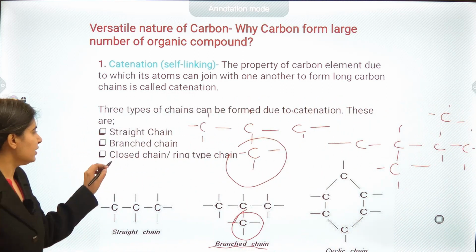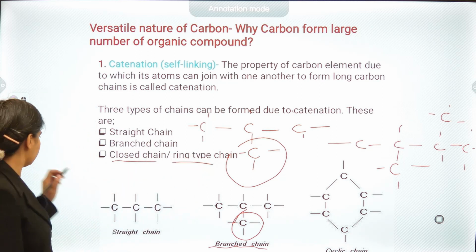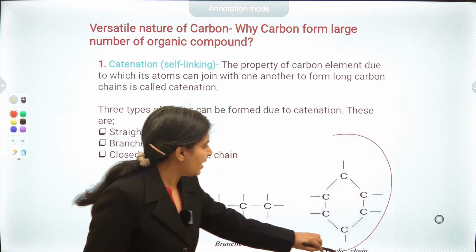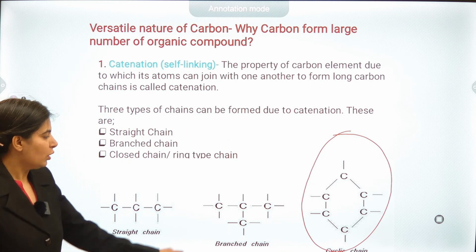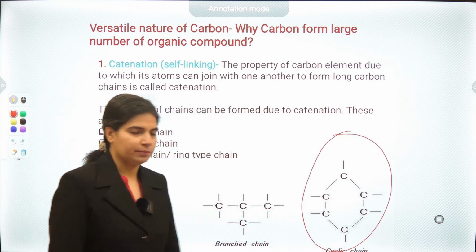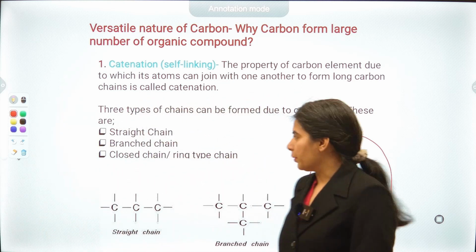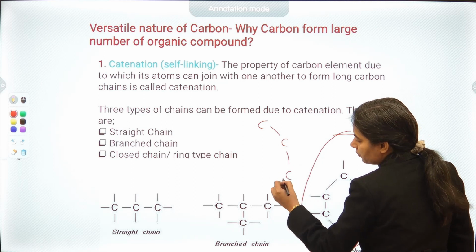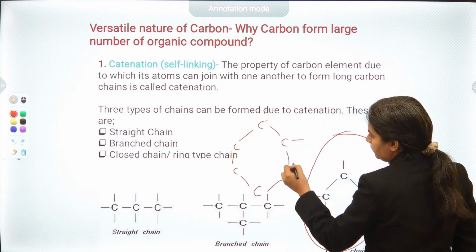And the third one is the closed chain or ring type. This is the example of ring type, or we can also say a cyclic chain. Here, the carbon atoms are forming a ring. Say this is one carbon atom. It is forming a ring.